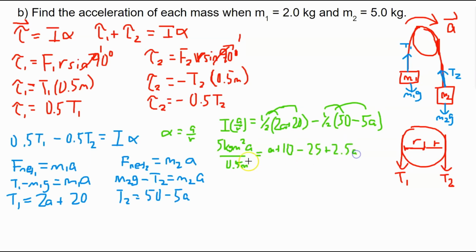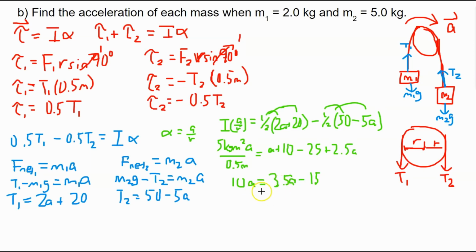So, when we're dividing 5 by 0.5, it doubles, so we have 10a, and then if we combine like terms right here, we have 10a is equal to 3.5a minus 15.